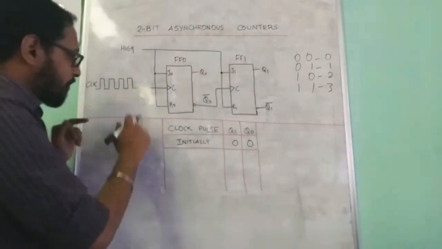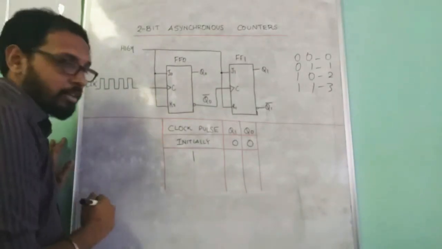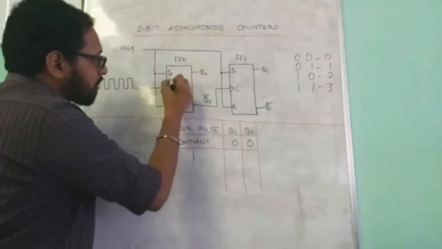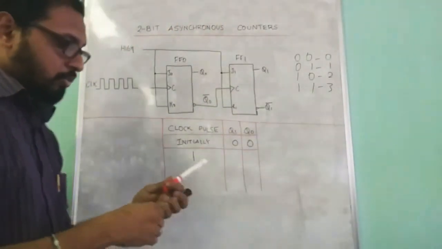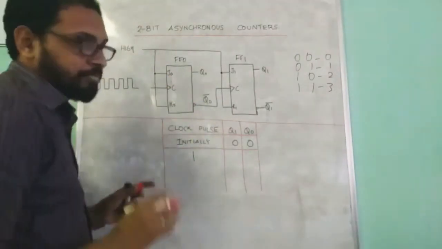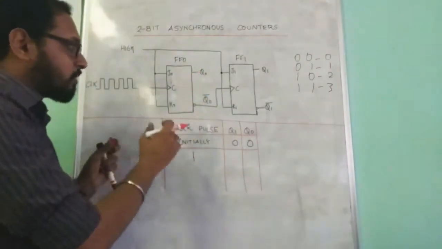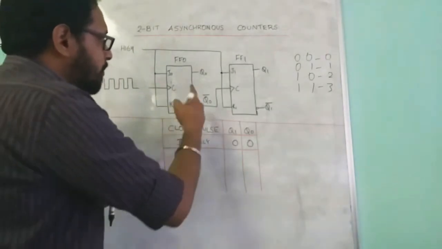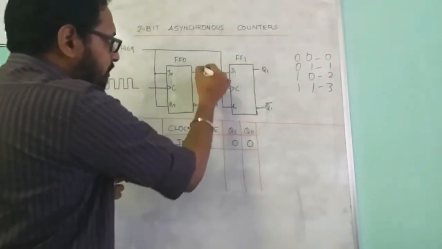First we give clock pulse 1. We have 4 clock pulses here. Don't get confused, I will use two white markers. When 1 reaches here, what is the value of Q? During the positive edge of the first clock pulse, Q0 was initially 0, right?